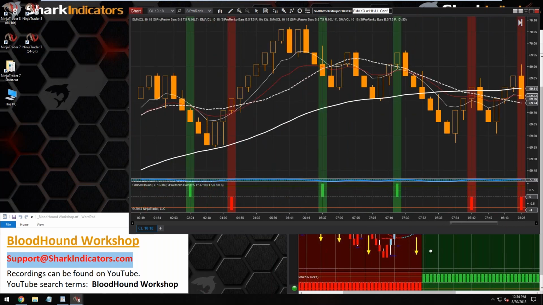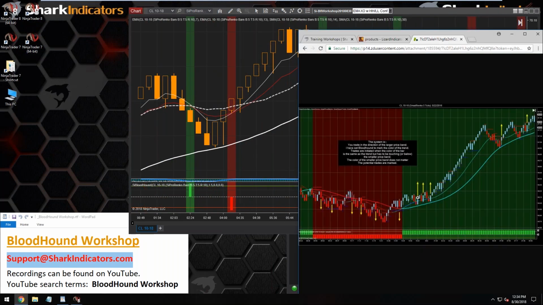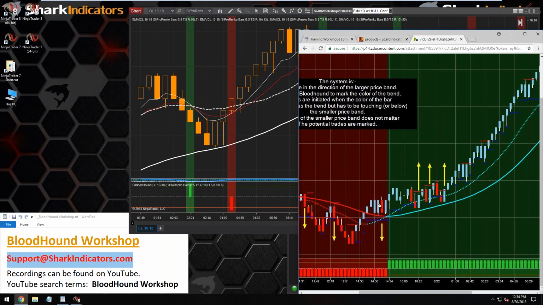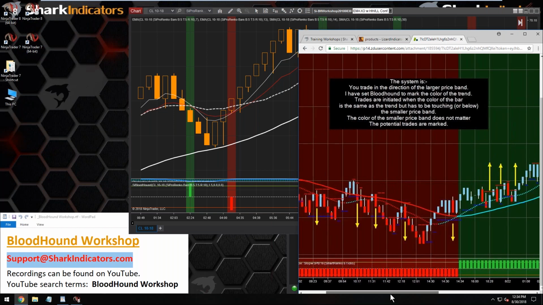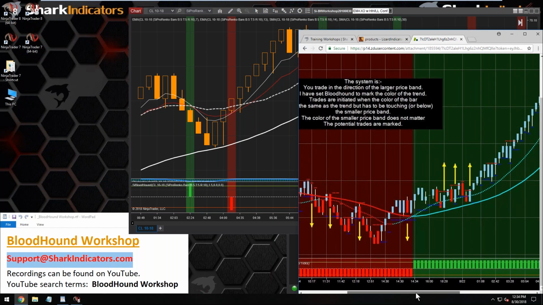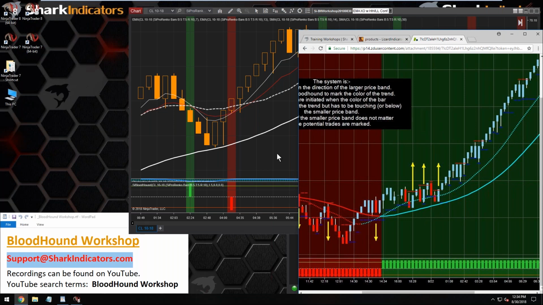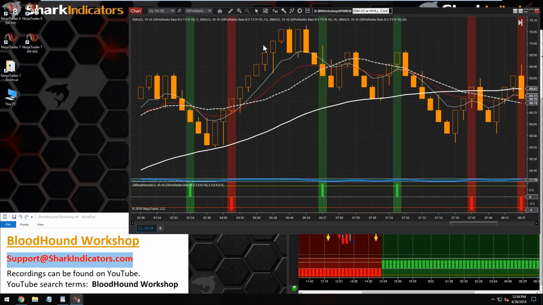Oh, and one other thing, we can see that this is using a Renko type bar here. I'm pretty sure it's probably Indicator Smart Renko bar, so I'm just using our Pro Renko bar as a substitute here.